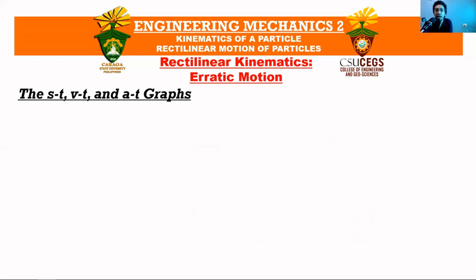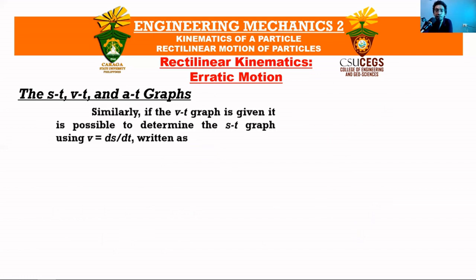Once you construct the VT graph, in a similar manner, you can construct the ST graph using this kinematic equation, that is V is equal to ds over dt, and it is written as delta S, which is the displacement, which is equal to the integral of V dt, which is the area under the VT graph.